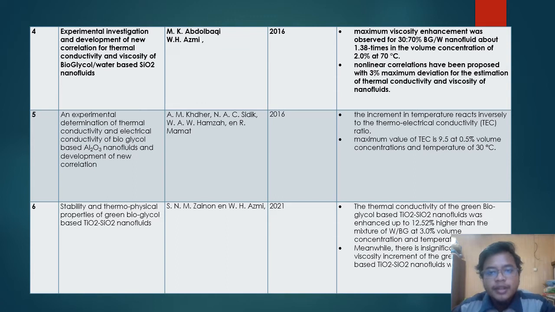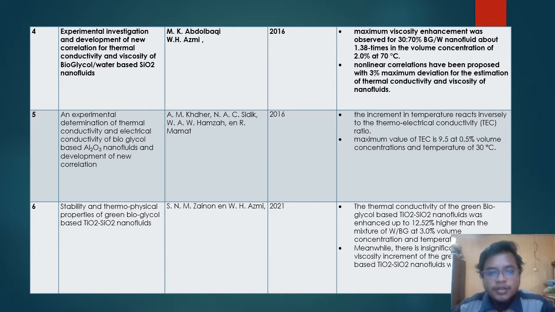The maximum viscosity enhancement was observed for the 30 to 70% ratio bioglycol water nanofluid, about 1.38 times at the volume concentration of 2.0% at 70 degrees. Nonlinear correlations have been proposed with a 3% maximum deviation for the estimation of thermal conductivity and viscosity of the nanofluid. Fifth, an experiment determining the thermal conductivity and electrical conductivity of a bioglycol-based Al2O3 nanofluid and development of a new correlation.